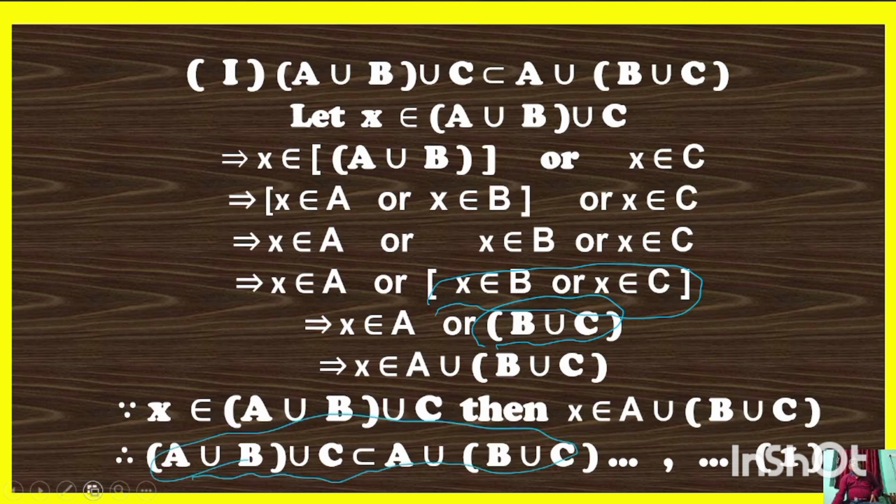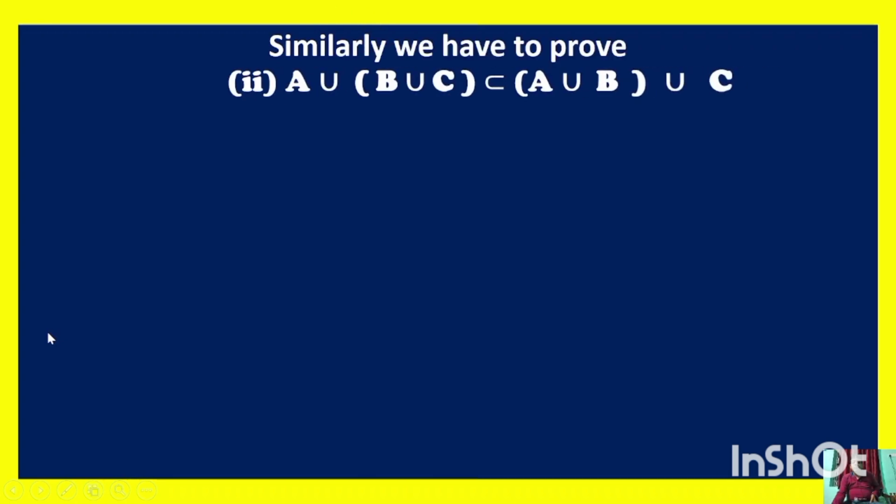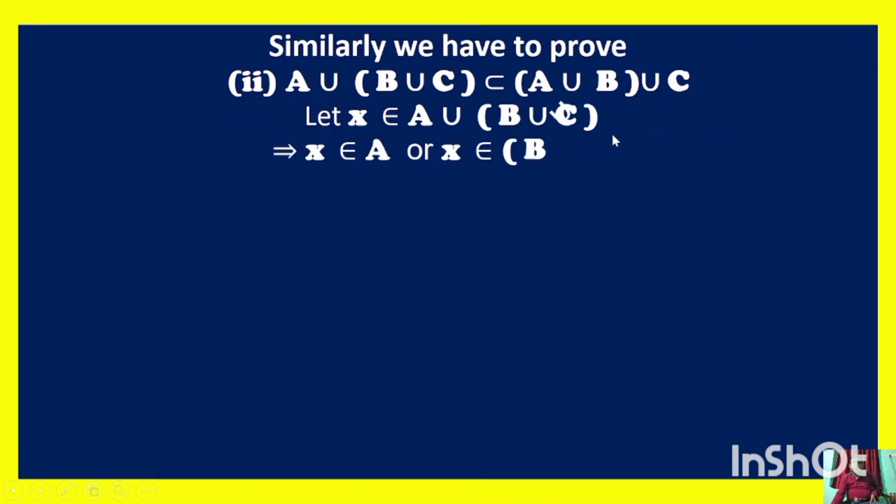And the second point, similarly you can prove it also. We can prove that A union (B union C) is also a subset of (A union B) union C. Similarly, let us take X belongs to A union (B union C). It means X belongs to A or X belongs to B union C, right?